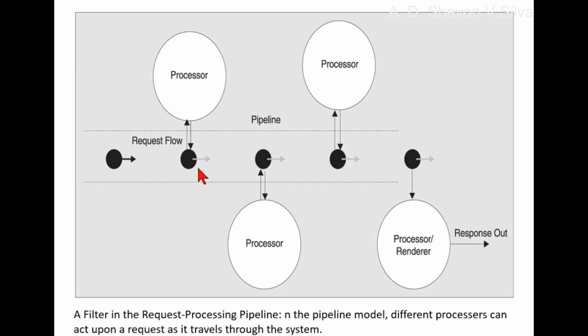Then the request remains intact until it hits the final stage of the pipeline, which is a special process called renderers. They examine all the work being done to the request and produce the final response.